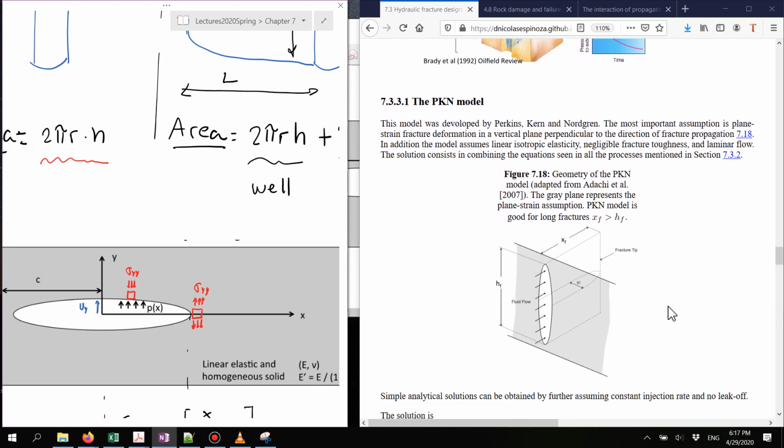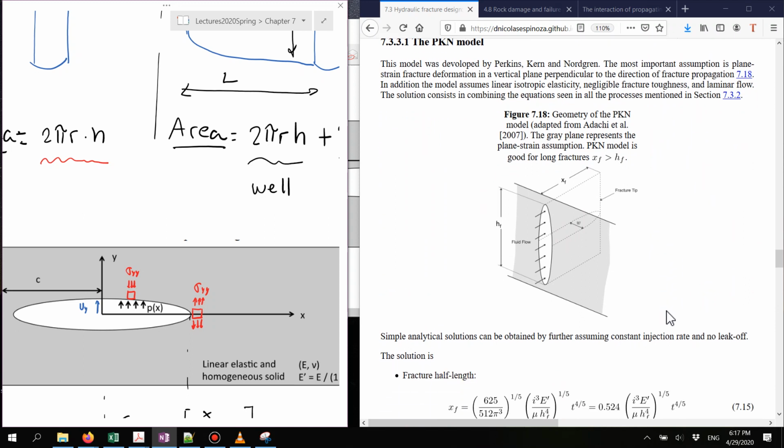And something very important to take into account is that this PKN model is used usually for long fractures, when the fracture half length XF is larger than the fracture height, and that's usually the case for completions when we desire to have long fractures.